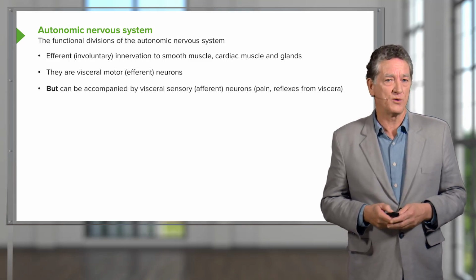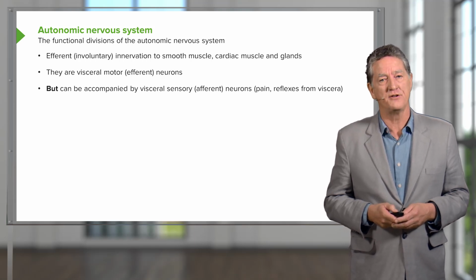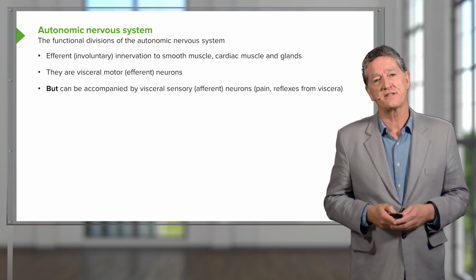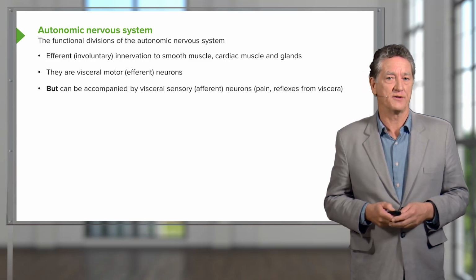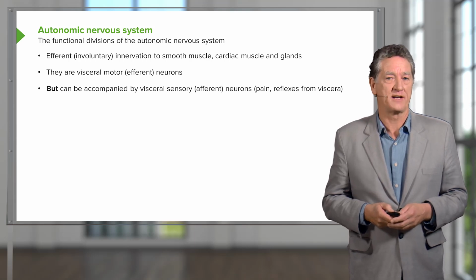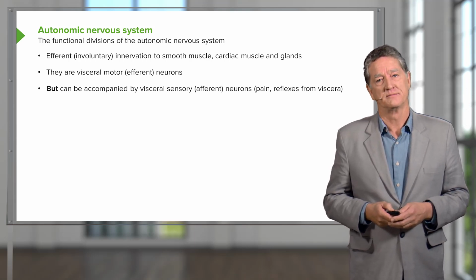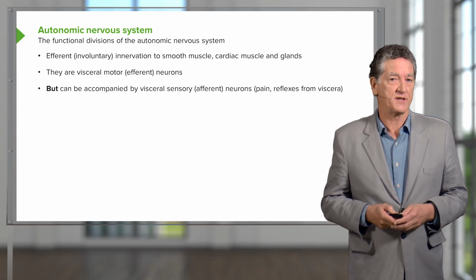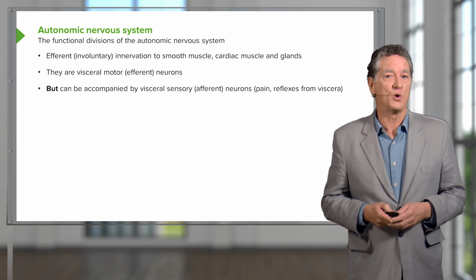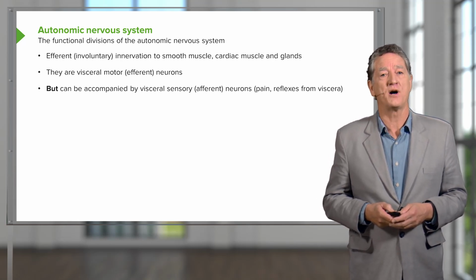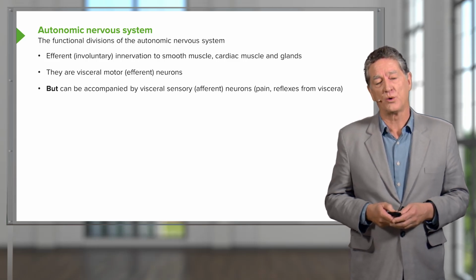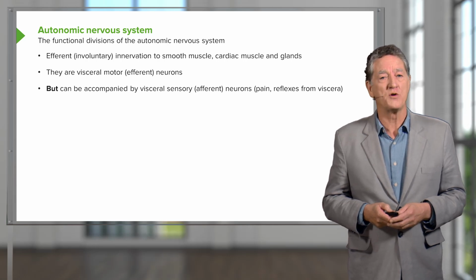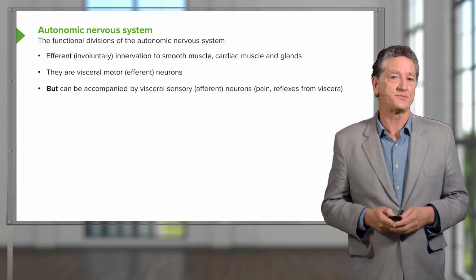But it's worth remembering also that when we see these neurons travelling to their destinations, they are also accompanied by sensory neurons that are taking information back from the viscera. Now, it's important also to understand that when I described the ventral horn neuron that was stimulated by that pyramidal cell very early on in the lecture, that ventral horn cell was only the one cell needed to innervate skeletal muscle.